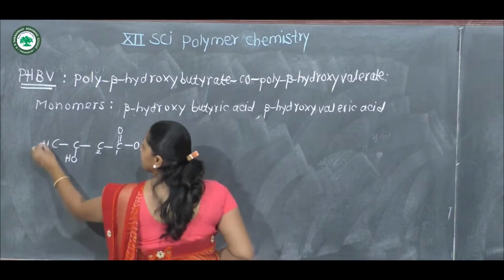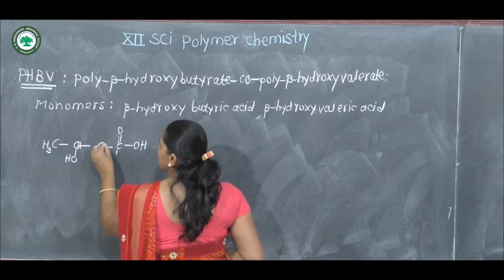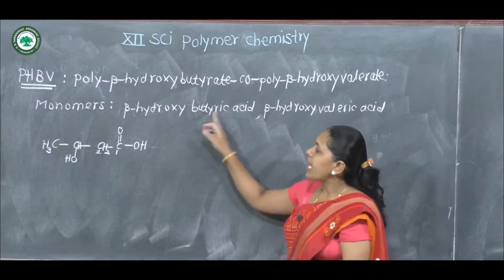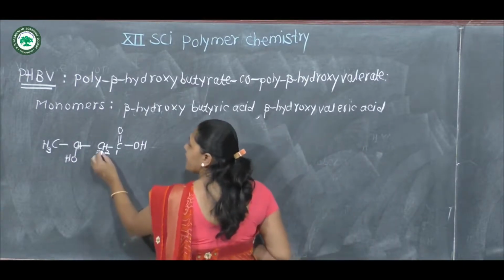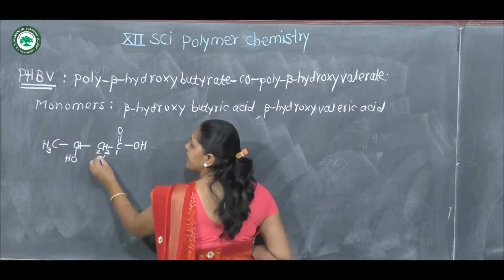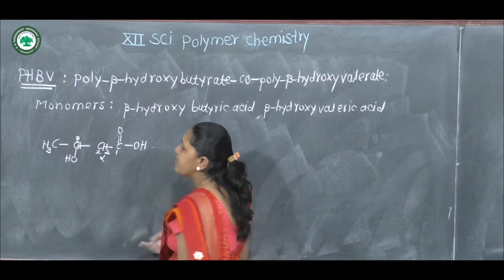Then the remaining are hydrogens, CH2. This is the structure of beta hydroxybutyric acid. Why is it called beta hydroxy? The carbon adjacent to the carbonyl group of the carboxylic acid is the alpha carbon, and the third carbon atom is the beta carbon.